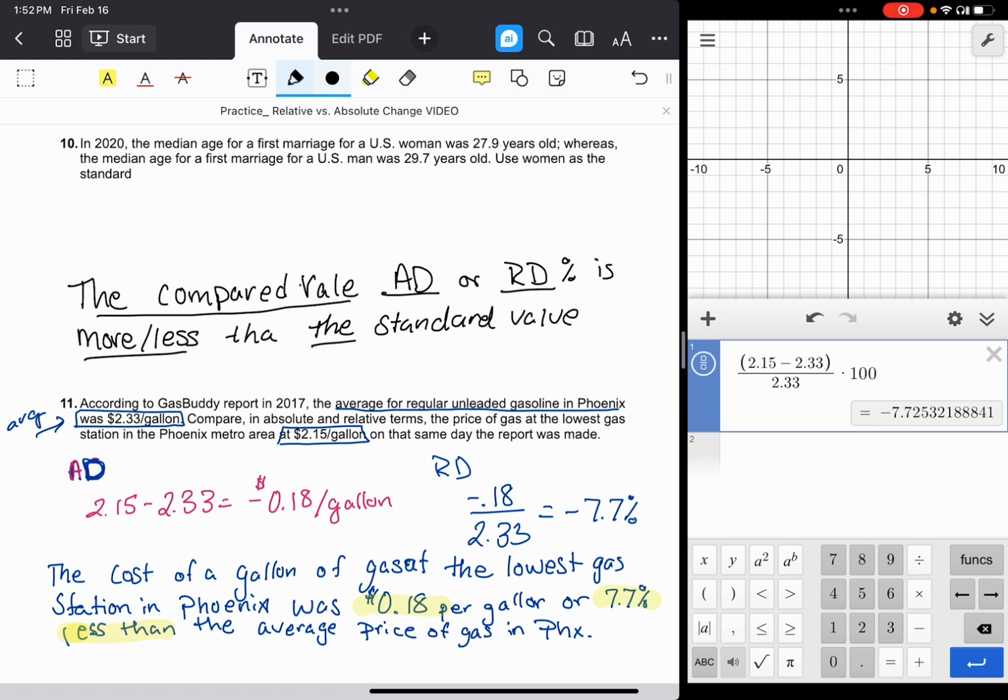And so that's the sentence structure we would want to use every time, and it needs to go in that order. So this should definitely be written down somewhere in your notes to refer back to as you work through these problems. Hopefully we're feeling good about absolute and relative changes and differences. And that's it.